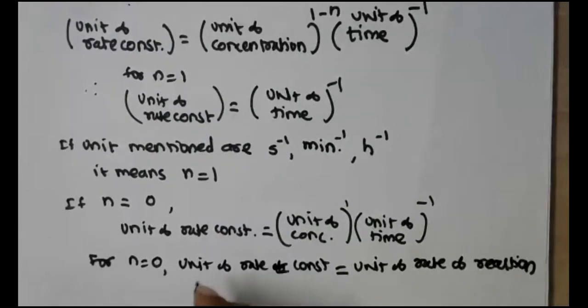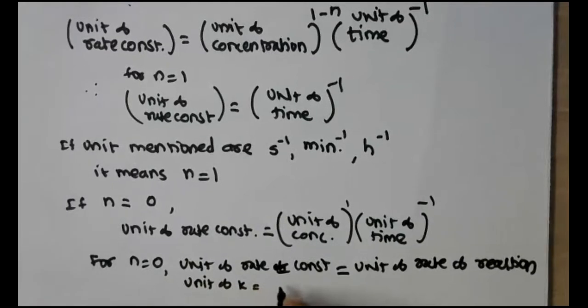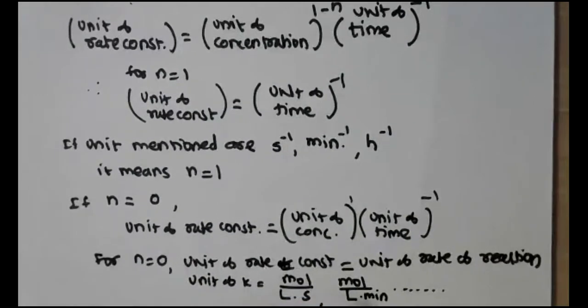That means unit of K is mole per liter per second, or mole per liter per minute, etc. So if you find the unit of K as mole per liter per second, you can assume that it is the zero order reaction. If the unit of rate constant is time inverse, you can assume that it is the first order reaction.